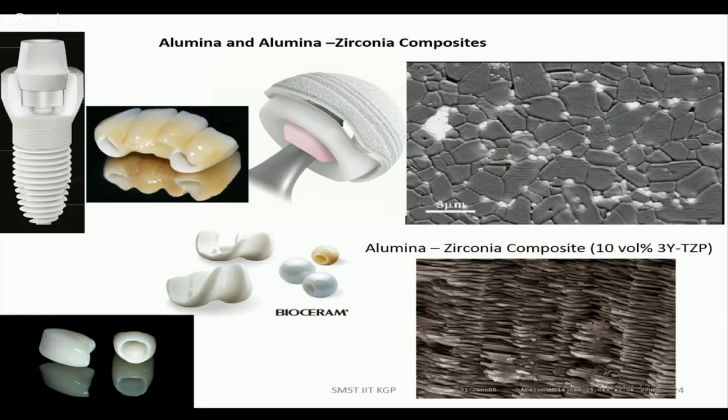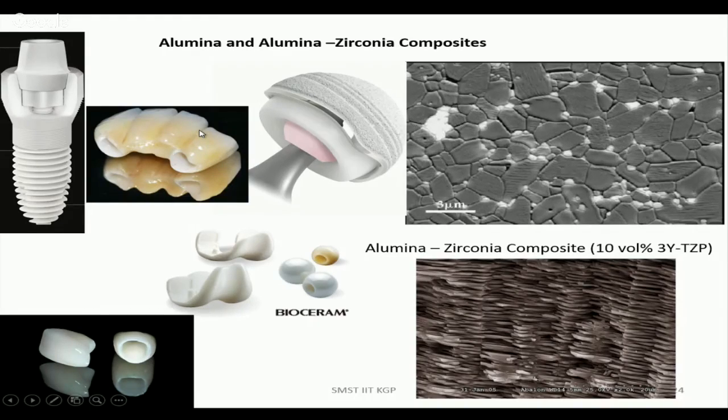So here I can show that there are dental roots and dental abutment, and you have a dental crown, and on the top of the crown we have some glass coating, veneering, that is done for appearance as well as matching the property with the natural teeth.